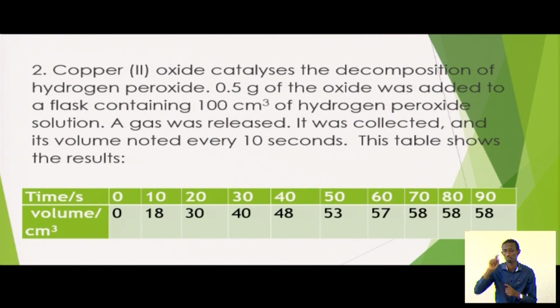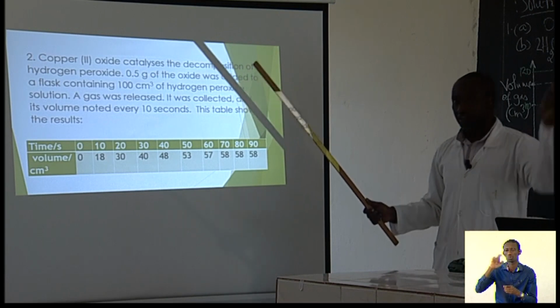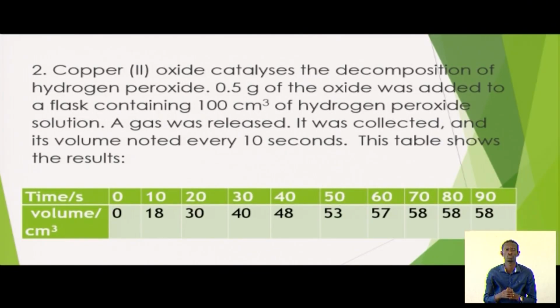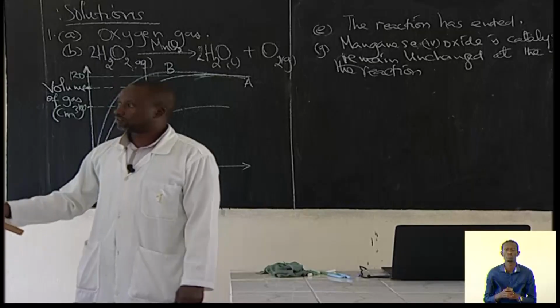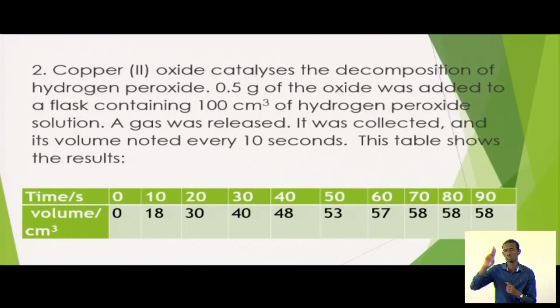0.5 grams of copper II oxide was added to a flask containing 100 cubic centimeters of hydrogen peroxide solution. A gas was released. Which gas? Oxygen gas. It was collected and its volume noted at 10 second intervals, and this is the table of the results that were produced.